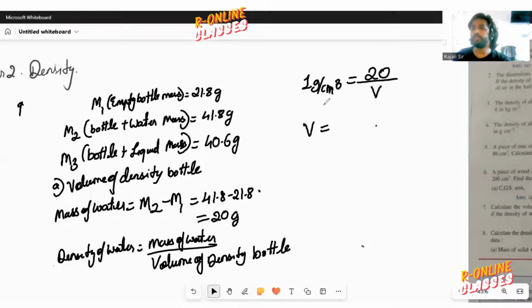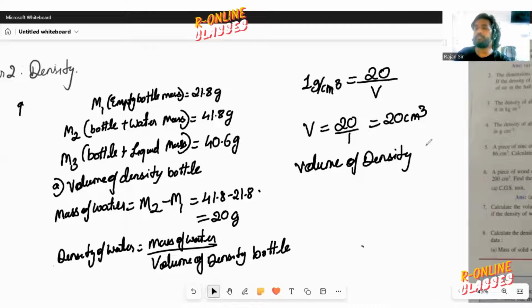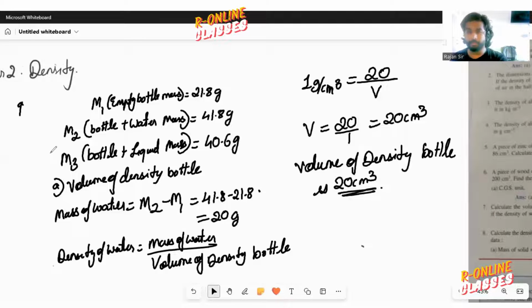So you divide 20 by 1, and that is 20 centimeter cube. Therefore, the volume of the density bottle is 20 centimeter cube. Sorted. That's your first one. Let's go for the second part. You have to find the density of the liquid.